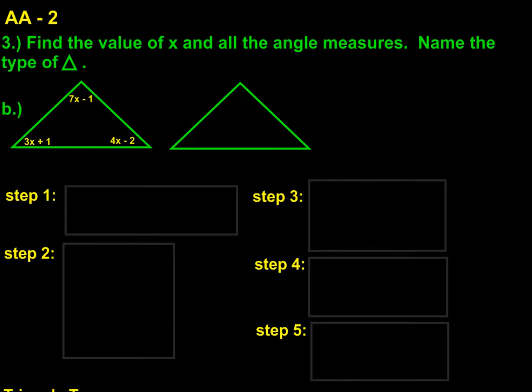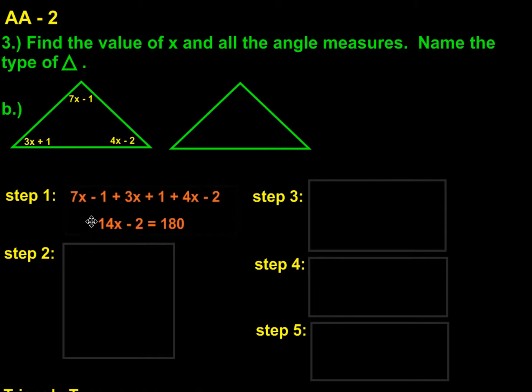Now we'll move on to question number 3b. So initially you were given a triangle that had these equations, and we had to use these equations to figure out what the actual degrees are. Now, in order to determine what x is, we have to solve for x. So we're going to take all of these, create one large problem out of them, and if we set up all the x's, we get 14x, and then we deal with the addition and subtraction of the 1's and the 2's.